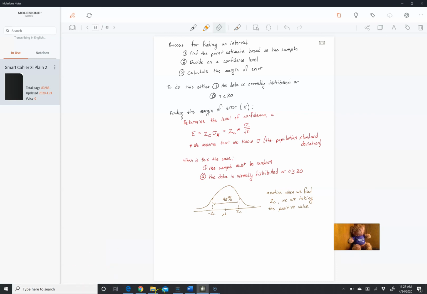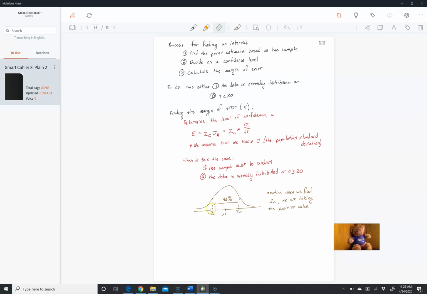This is our range. Our range is from negative Z sub C to Z sub C. So how do we find this negative Z sub C or Z sub C? What we do is exactly what we've done before. We have to go to the z-score table.